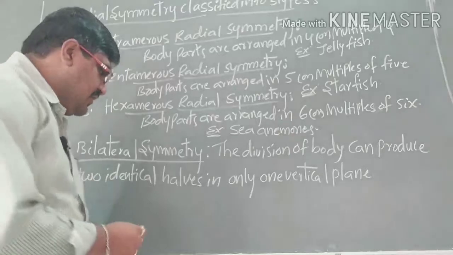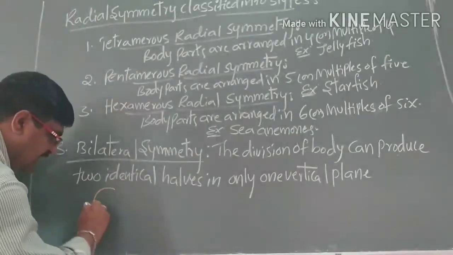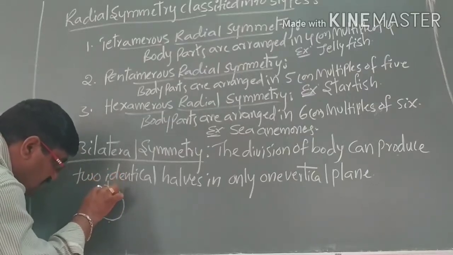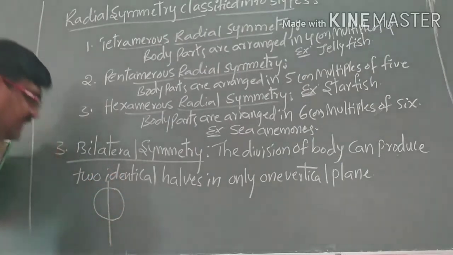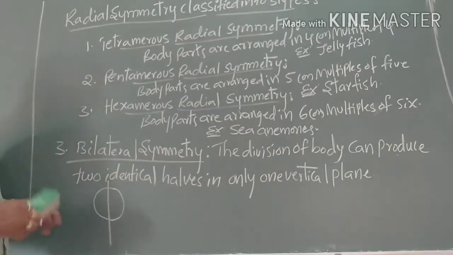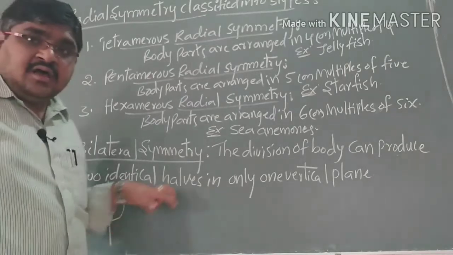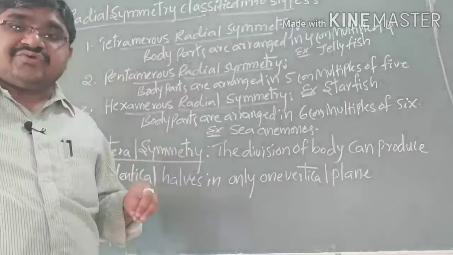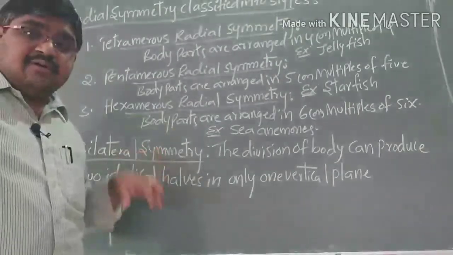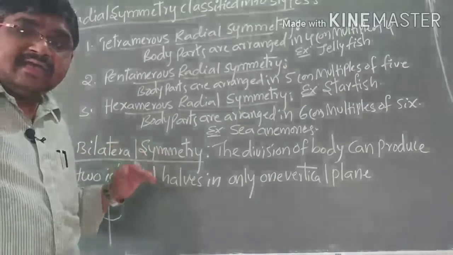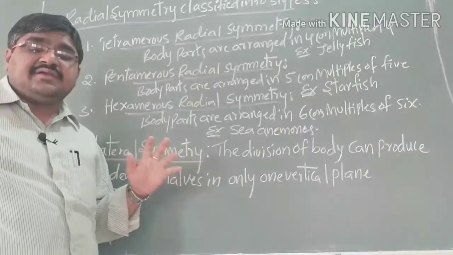That means when you cut the organism, for example, if you say this is an organism, in only one vertical plane, here we are getting two identical halves produced. Then such type of symmetry we can call bilateral symmetry.